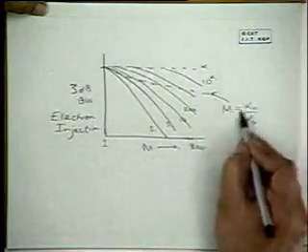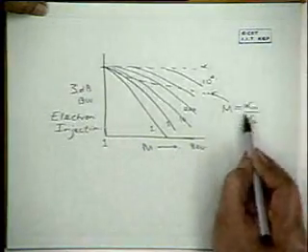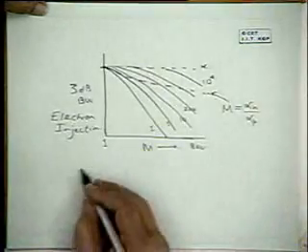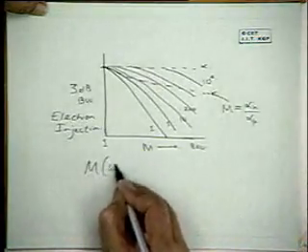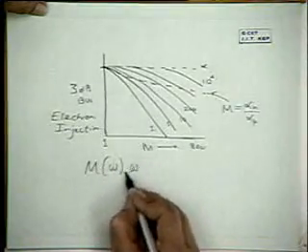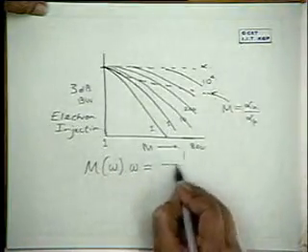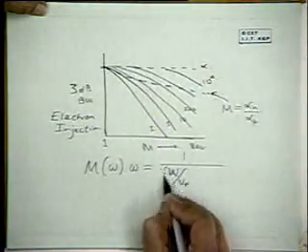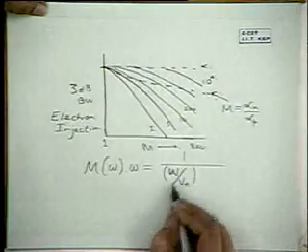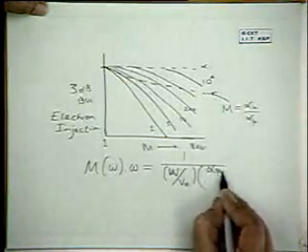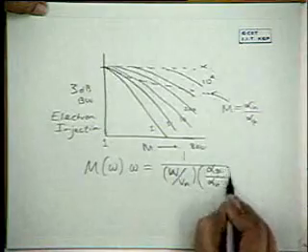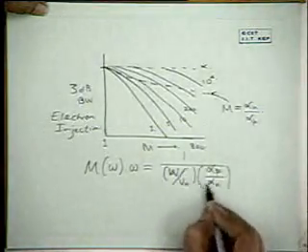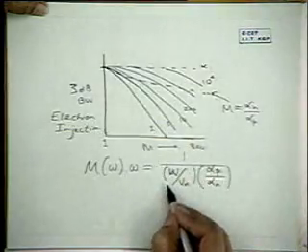For electron injection, alpha p should be small compared with alpha n. And the gain into the frequency, MW, it turns out is W by Vn, this is the transit time due to electrons, into alpha p by alpha n, which is a small quantity.